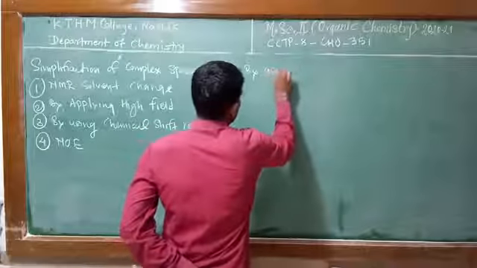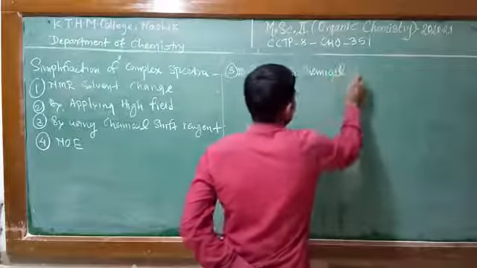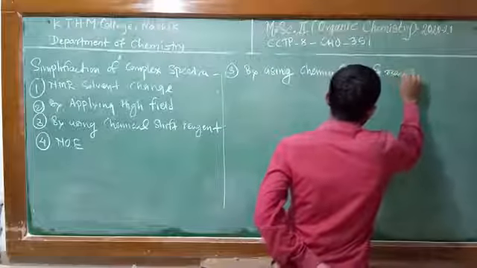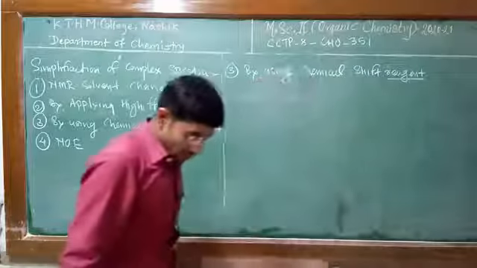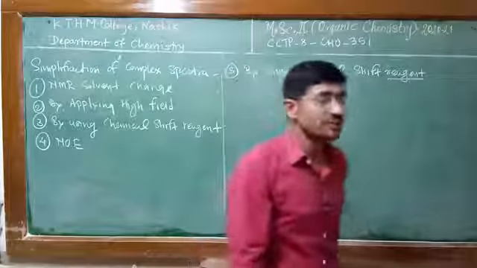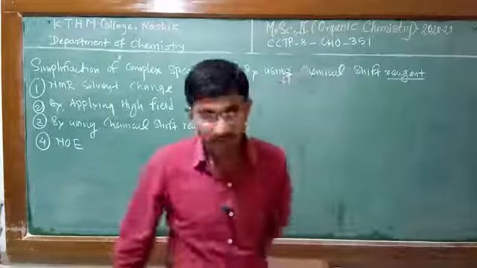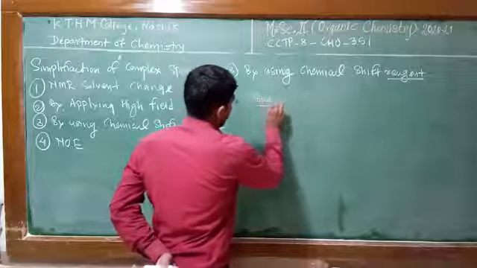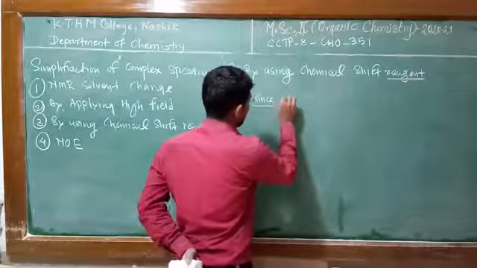This method, the use of chemical shift reagents in NMR, has been used since 1960.